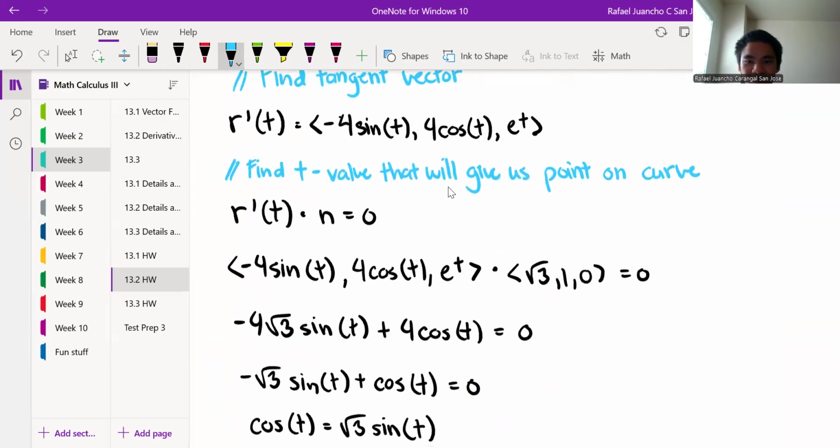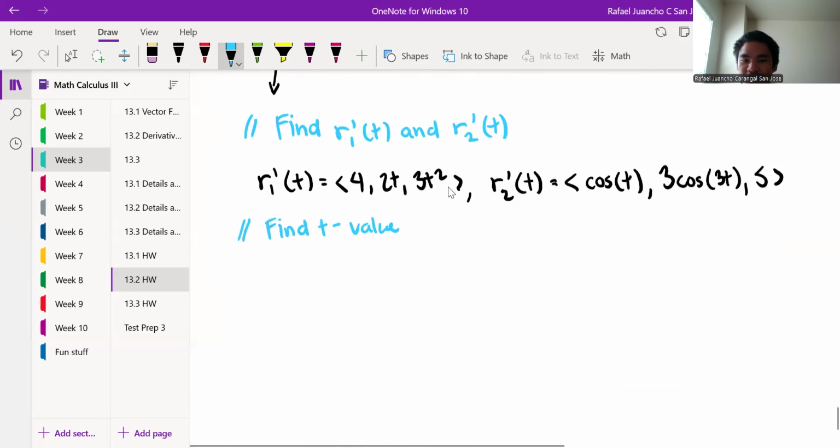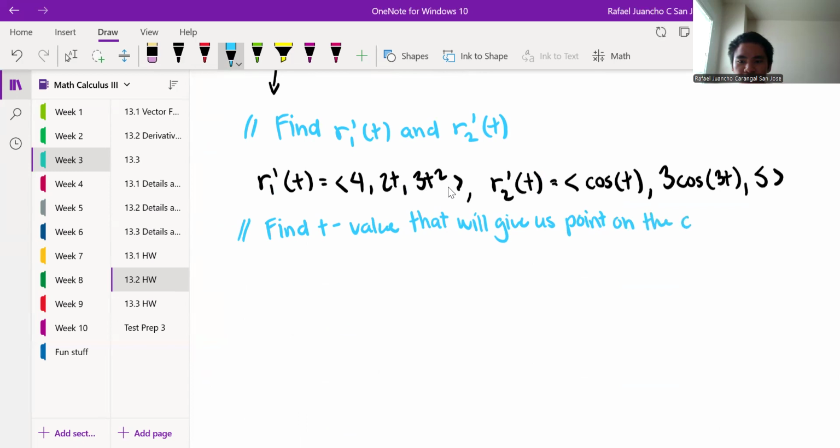How did I word it? Oh, that will give us the point on the curve.